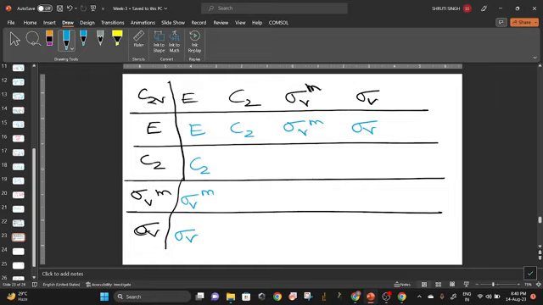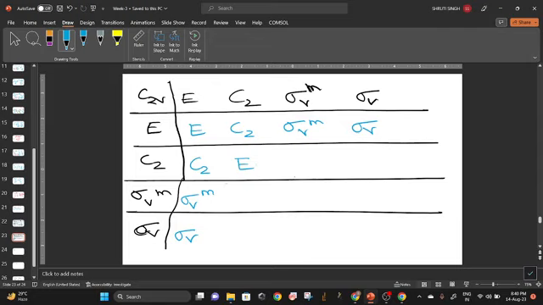Now C2 dot C2, two times C2 we will do, what will we get? E. Okay. Now sigma V, molecular plane, then C2. Sigma V. Let's do the easy ones, all the E ones.